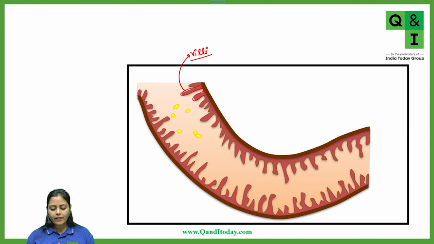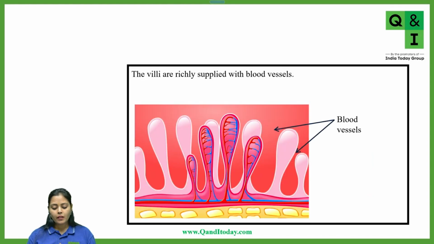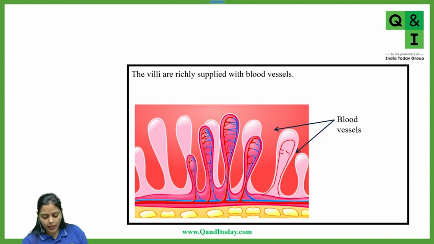Now, what are villi doing? As the food is passing through the small intestine, these villi are richly supplied with blood vessels. You can see from here, there are blood vessels which are present in the villi.